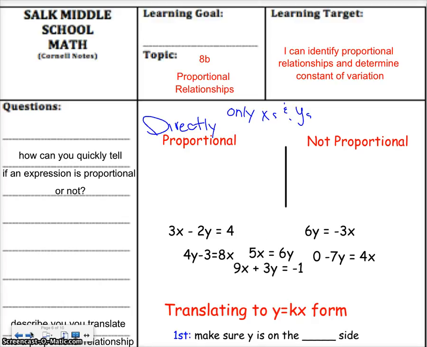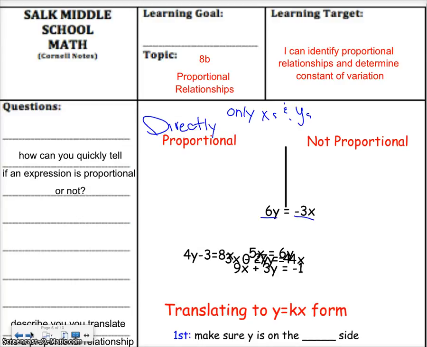Okay? So, looking at this first example I have here, 6y equals negative 3x. Are there only x and y terms? Yes, 6y, negative 3x. Yep, because they're sticking together. They're all one. They're a unit.